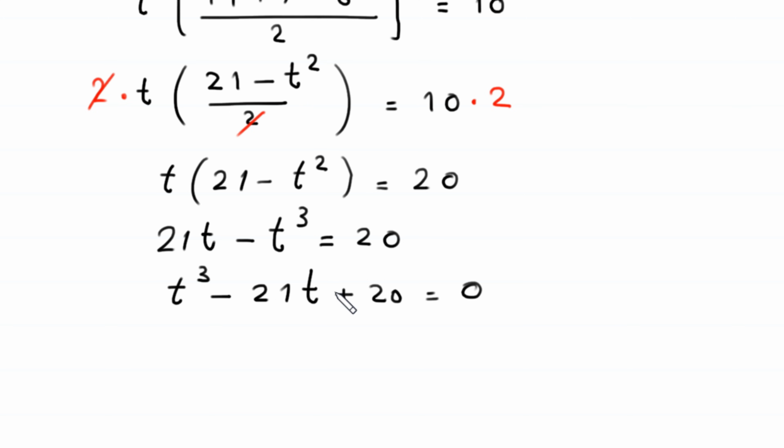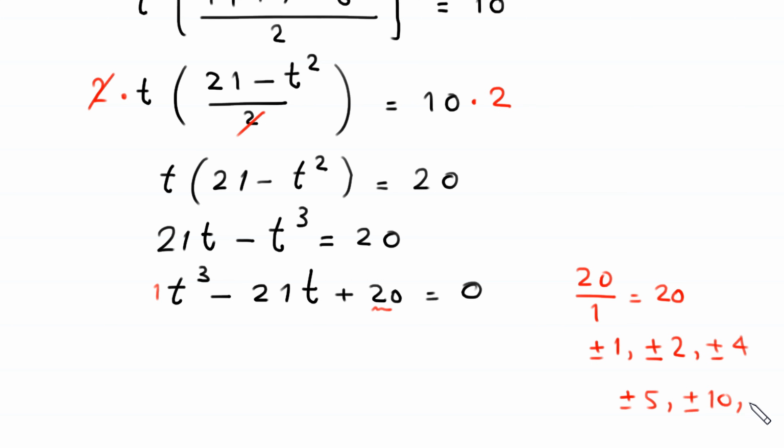Now this is a cubic equation. If we divide this constant 20 by the coefficient of t cubed, 1, we get 20. And the factors of 20 are plus minus 1, plus minus 2, plus minus 4, plus minus 5, plus minus 10, and plus minus 20.